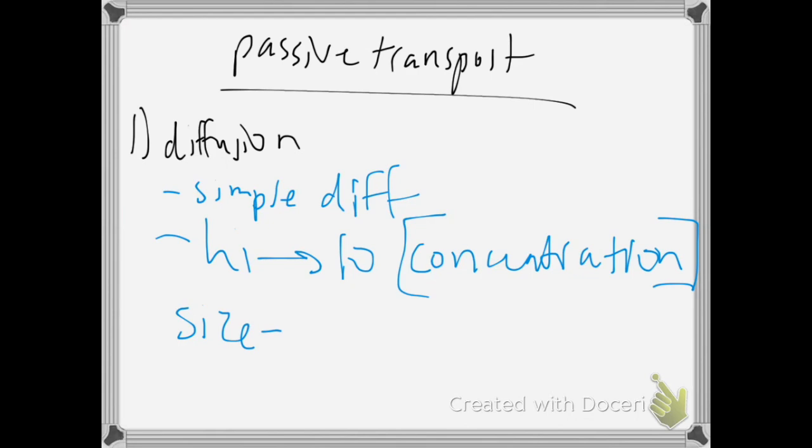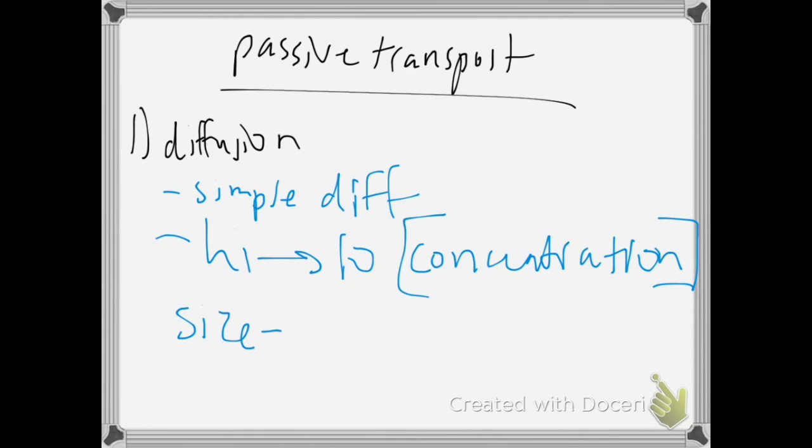Temperature, go ahead and ask yourself this one. You think increasing or decreasing temperature will increase the way things move across the membrane? It's going to increase, because when we increase temperature, what we're really doing is increasing the velocity of the particles, so they're moving faster through that membrane. Next is polarity. So we've already talked about this before.